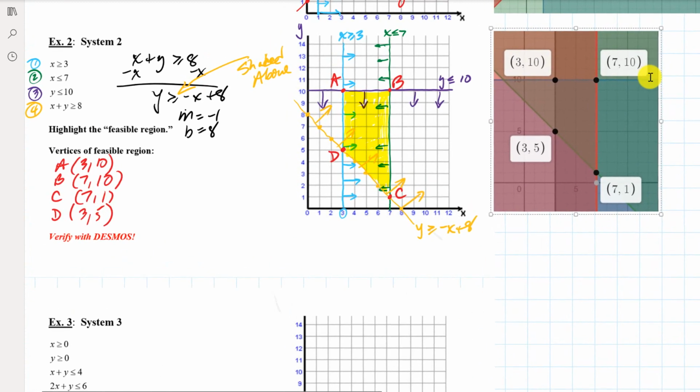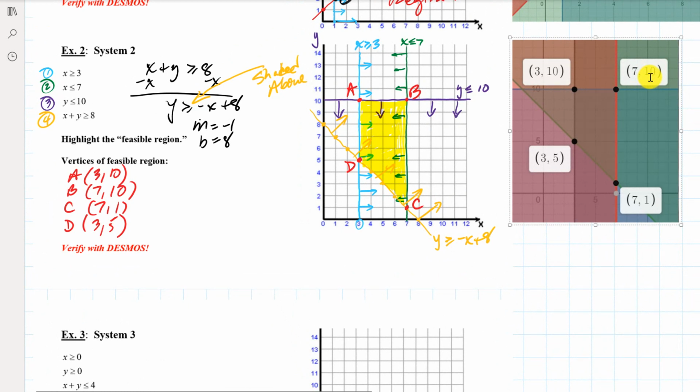There we go. So we have this feasible region in red right here. All of this is your feasible region. And this is A, and this is B, C, and D.